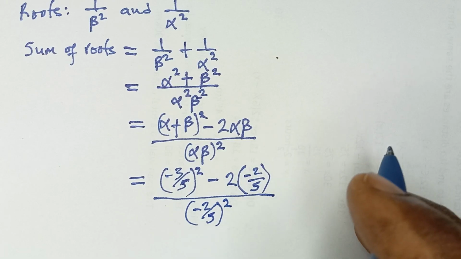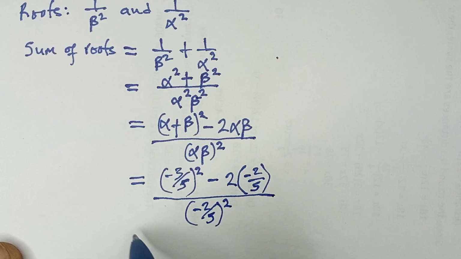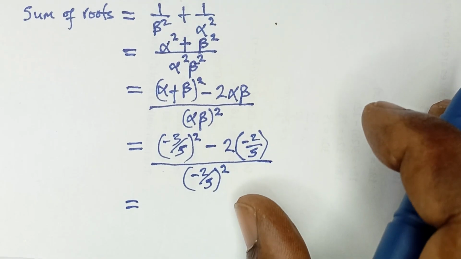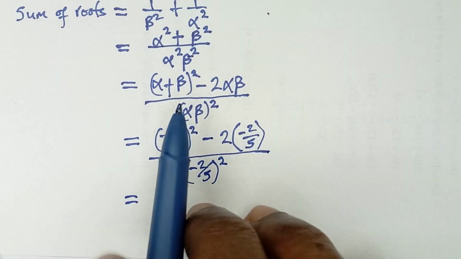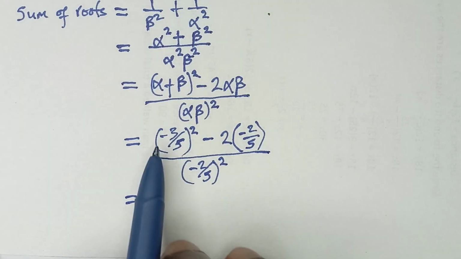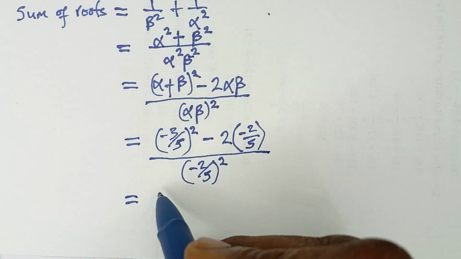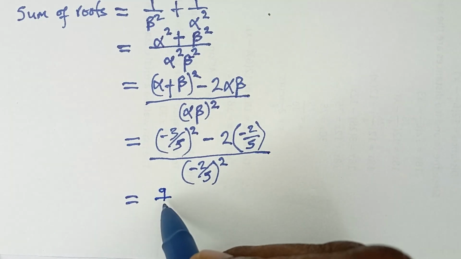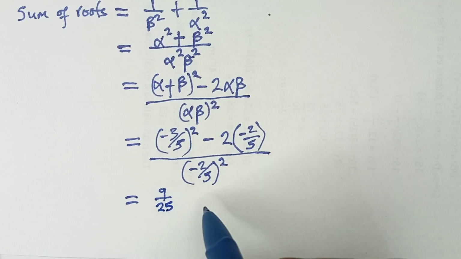So now if we move on, we are going to obtain the square of this, which will give us 9 over 25. Don't forget, this square will affect the numerator and the denominator, and this negative sign will go. So if I square it, it gives me 9 over 25, 3 square and 5 square.